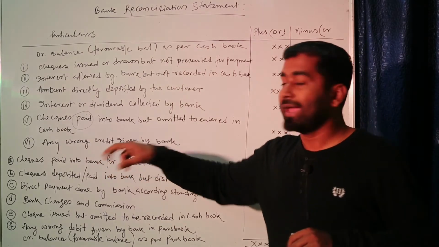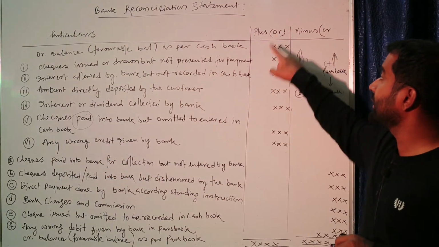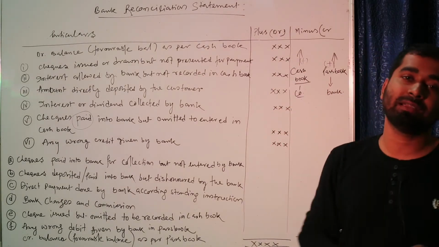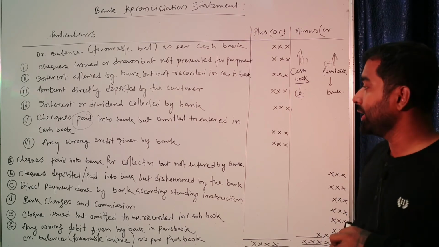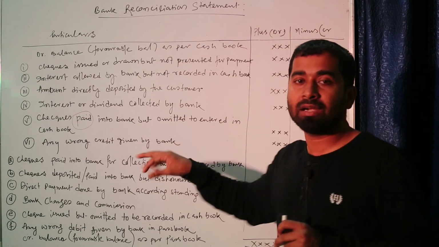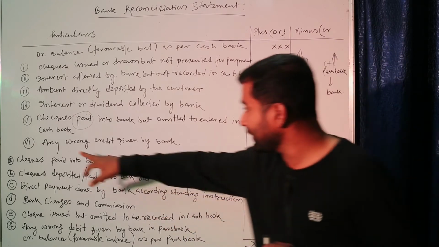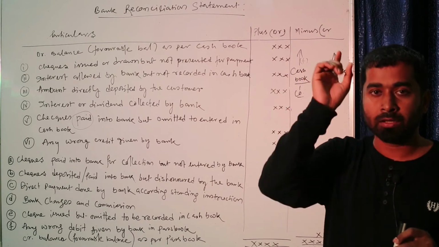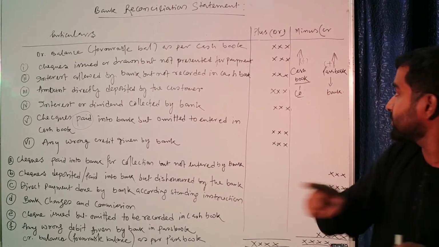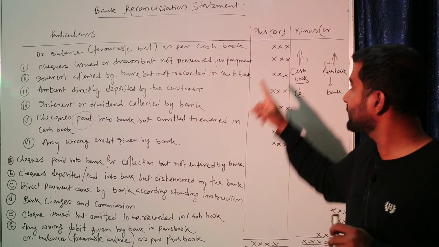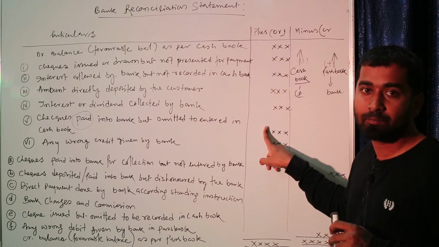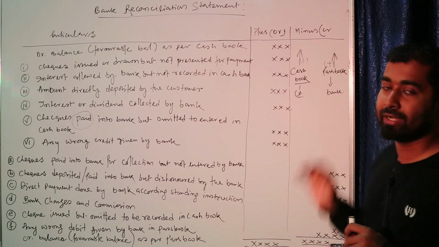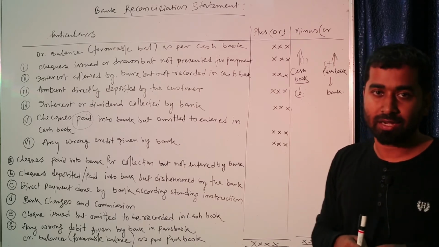Now think about it: as per the cash book, the debit balance is the addition amount, but as per the passbook, the credit balance is the addition amount. So if the bank gives it, it is definitely given in the passbook. So for any wrong credit given in the passbook, remember again that the debit balance as per the cash book is the positive balance, the plus sign, plus column, but the credit balance as per the passbook is the plus sign, positive balance.